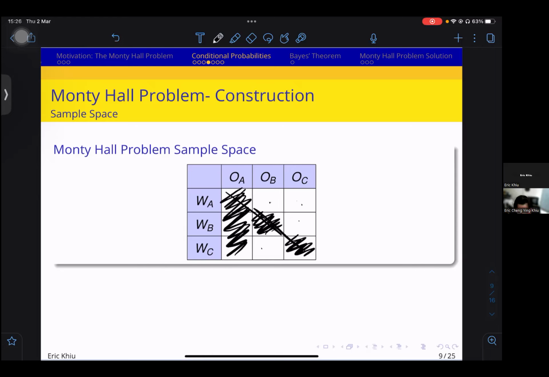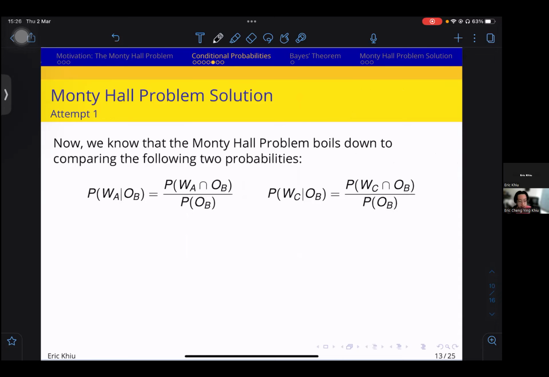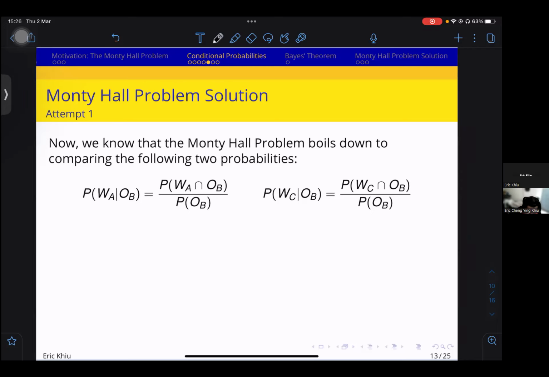But like I said, this is OB and WA, which is not exactly what we want, right? We want the conditional probability. We actually want this conditional probability, which is: given that the host opens door B, what is the probability that door A is the winning door, which is this probability?